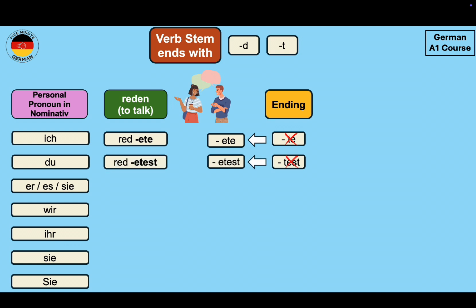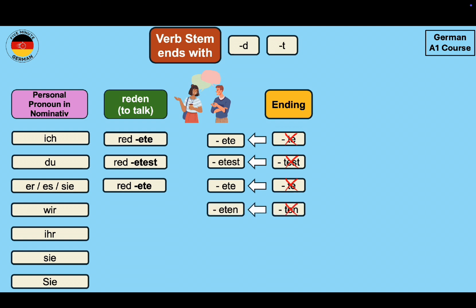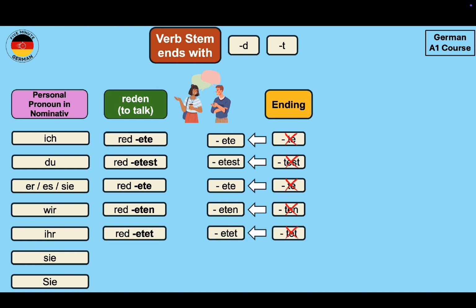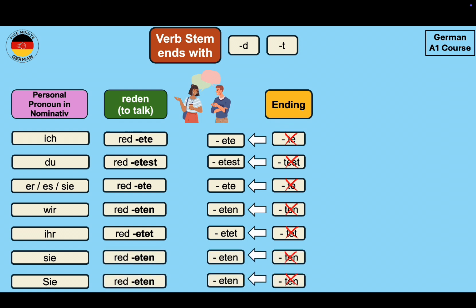So du redetest. For er/sie/es it will not be -te, rather -ete. So sie redete. For wir it will not be -ten, rather -eten. So wir redeten. With ihr it will be -etet, so ihr redetet, and for sie and Sie it will be the same as wir, so sie redeten, Sie redeten.